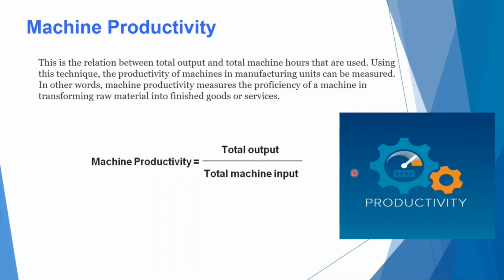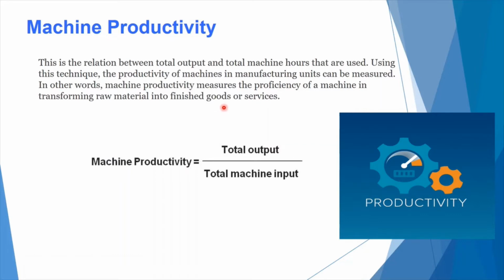Using this technique, the productivity of machines in manufacturing units can be measured. In other words, machine productivity measures the proficiency of a machine in transforming raw material into finished goods or services. So you can see here raw materials transformed into finished goods by machines.